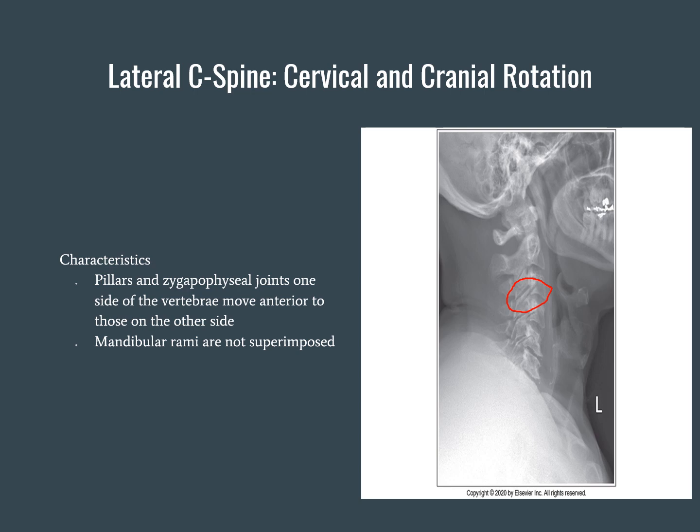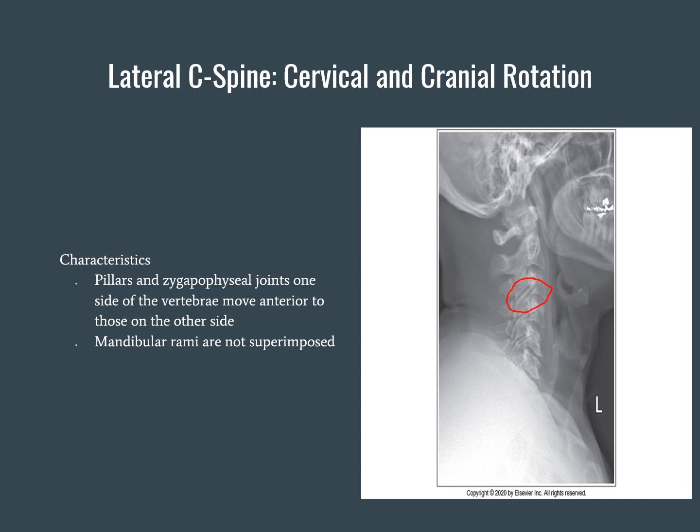Because the two sides of the vertebra are mirror images, it is very difficult to determine from a lateral cervical projection which side of the patient is rotated anterior and which is rotated posterior.